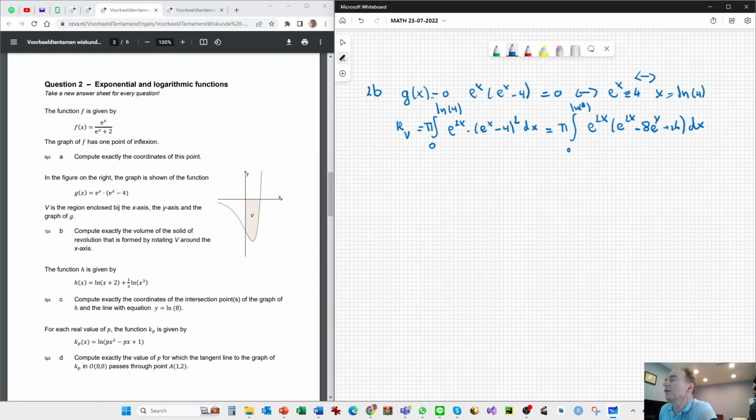So pi times the integral e to the power 4x and minus 8 e to the power 3x, and then finally plus 16 times e to the power 2x, dx.